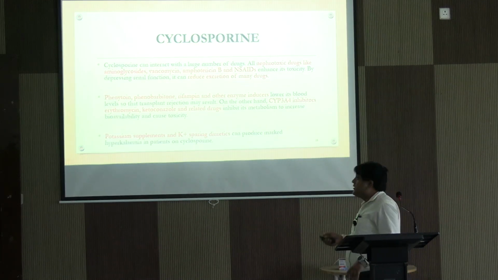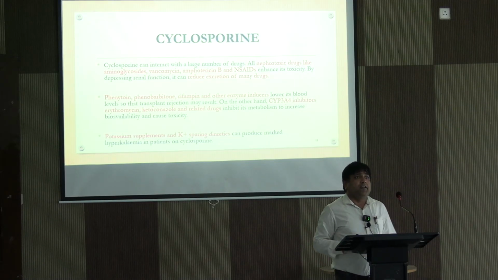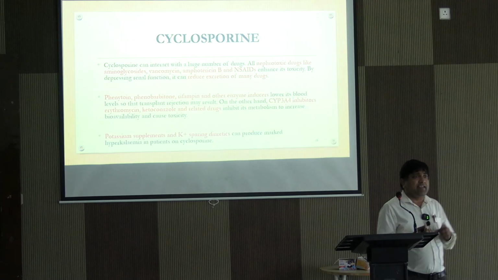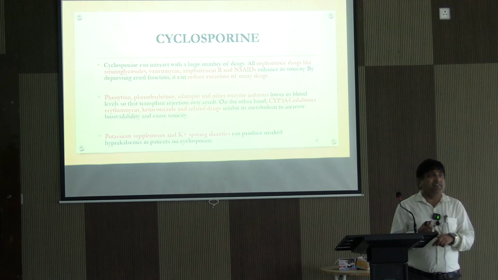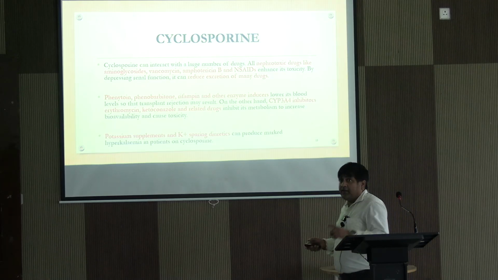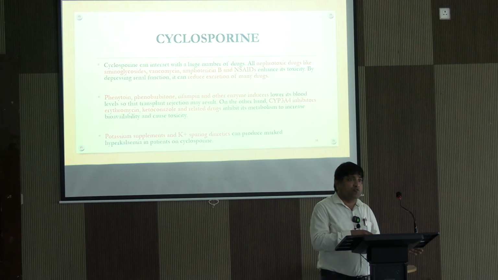Now, coming to the drug interactions, as it is nephrotoxic, it interacts with other nephrotoxic drugs like aminoglycosides, vancomycin and others. Again, as it is nephrotoxic, it depresses the renal excretion of other drugs too.